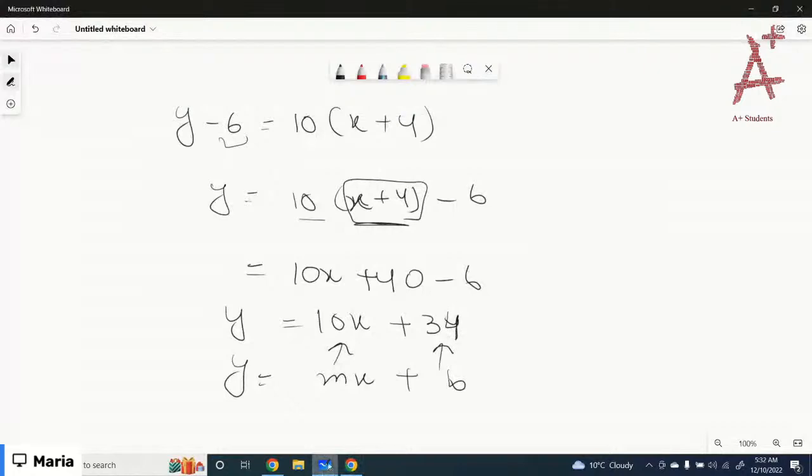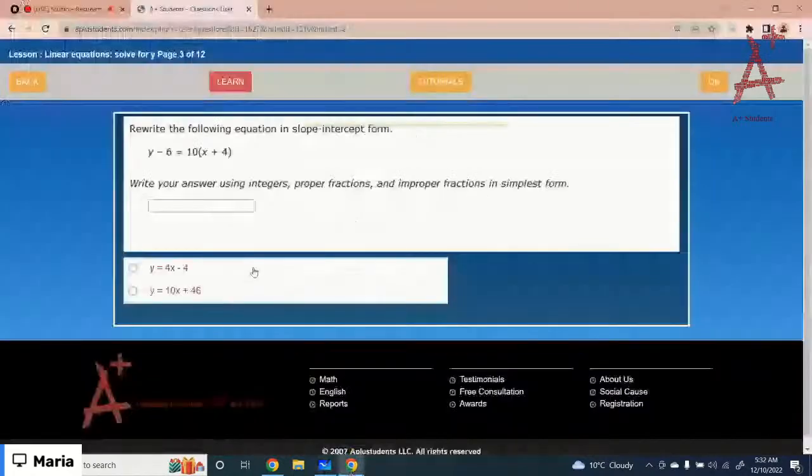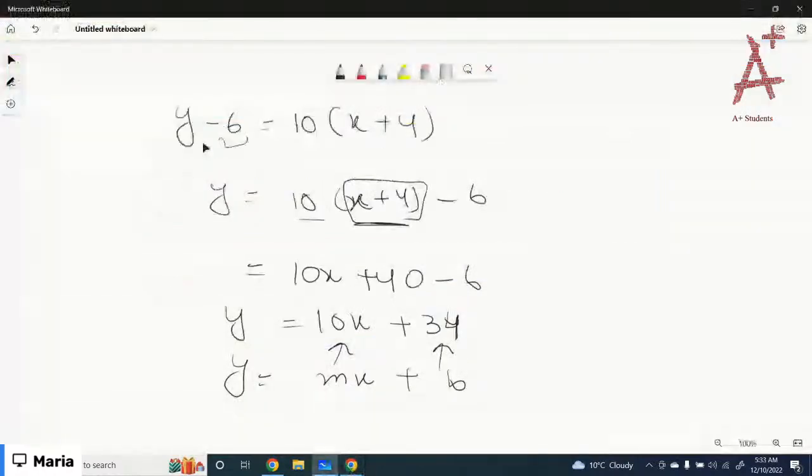Got it? Just select the correct option. Oh, here it is negative 6. So when you shift it to the other side, it would be added. So 40 plus 6 is 46. Got it? So it would be y equals 10x plus 46. The equation is y equals 10x plus 46.